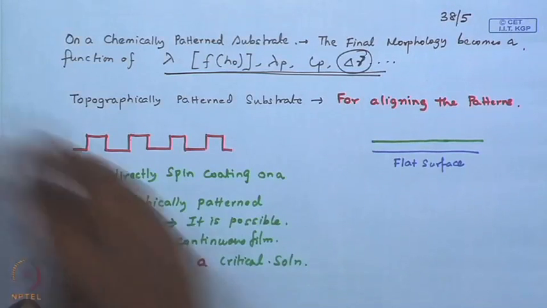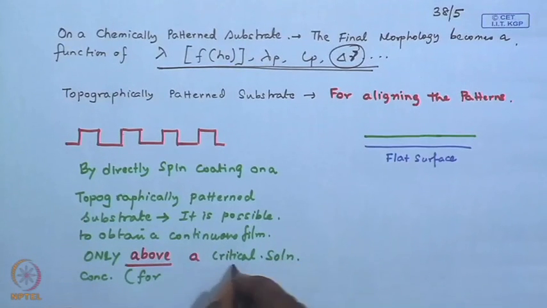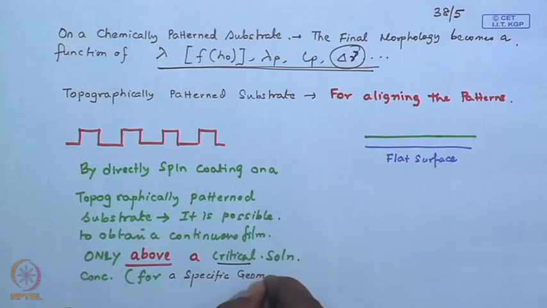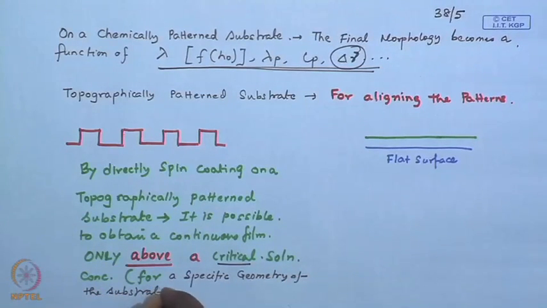Of course, you have to understand that this concentration is nothing like a universal gas constant or something like that; this critical concentration is for a specific geometry of the substrate and wettability.